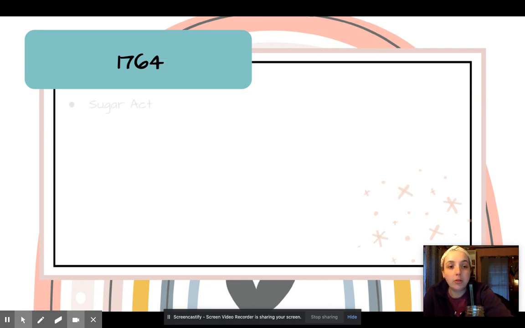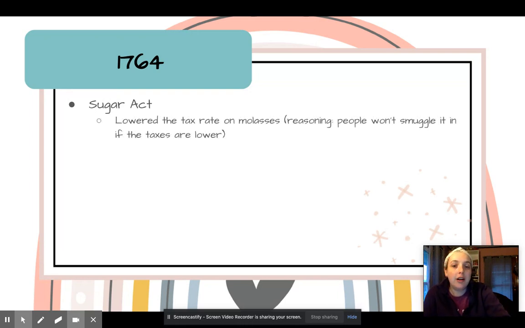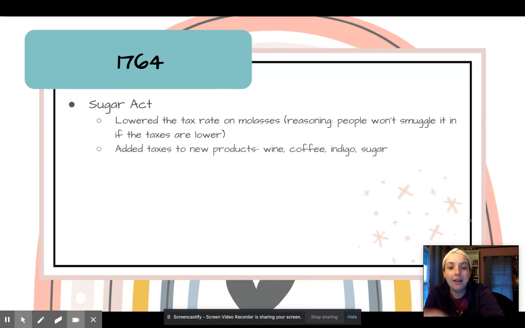So we're going to go to 1764. The British put into effect the Sugar Act. What they tried to do was do good while doing bad at the same time. First they lowered the tax rate on molasses.